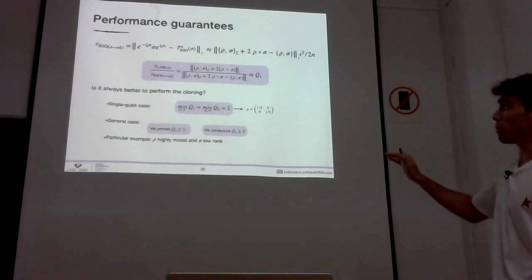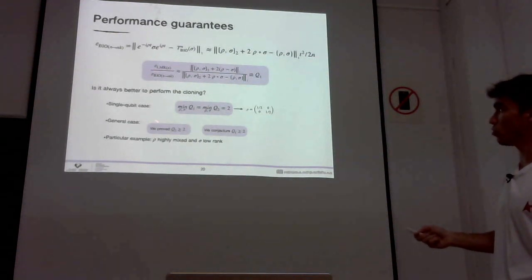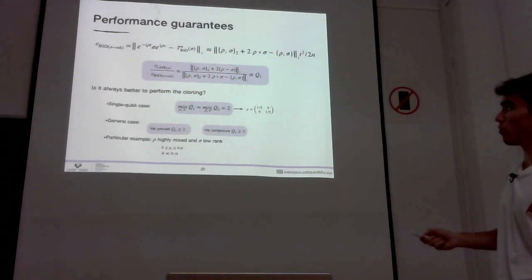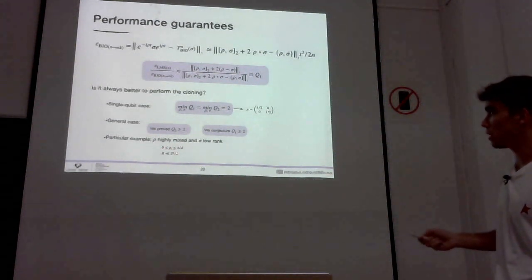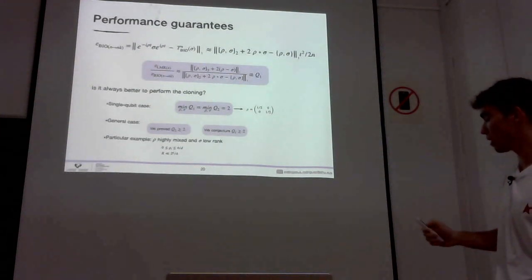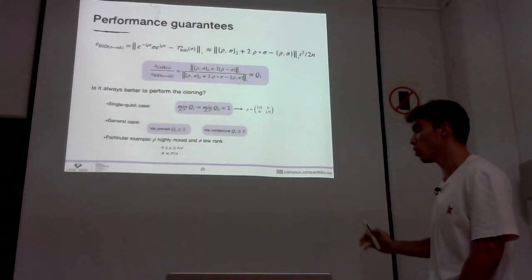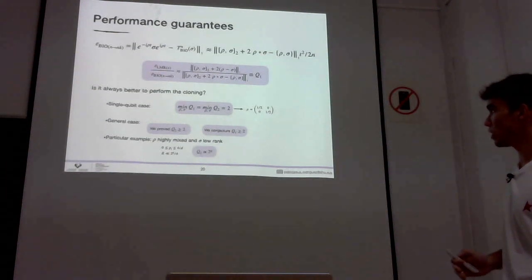So we took a particular example, which corresponds to taking rho highly mixed and sigma low rank. Highly mixed means that the eigenvalues of rho will be between 0 and 4 divided by the dimension of the system, and we added just this condition for the rank of sigma, to have an example where we could do analytical calculations.